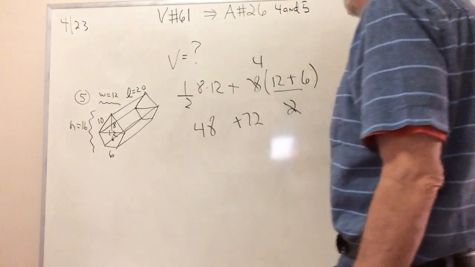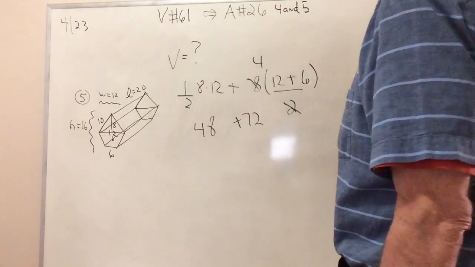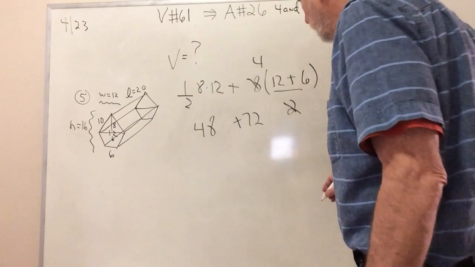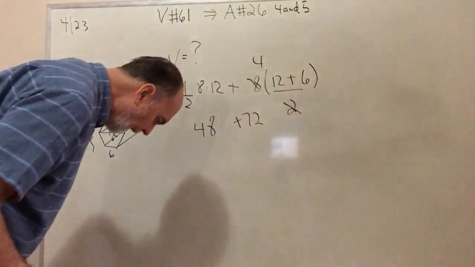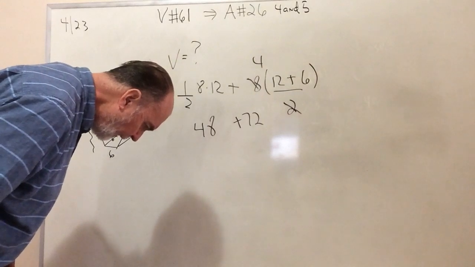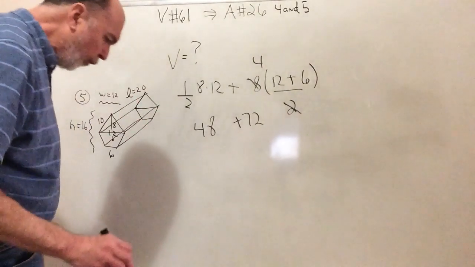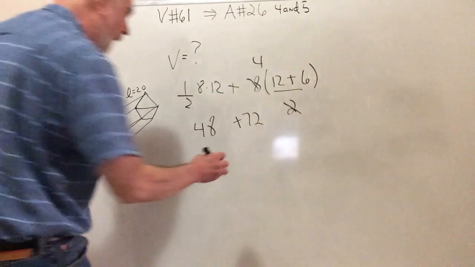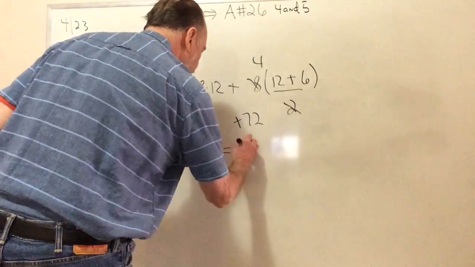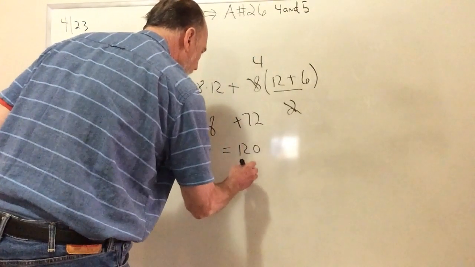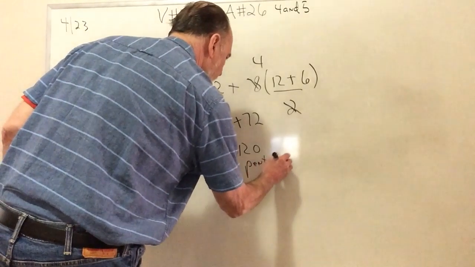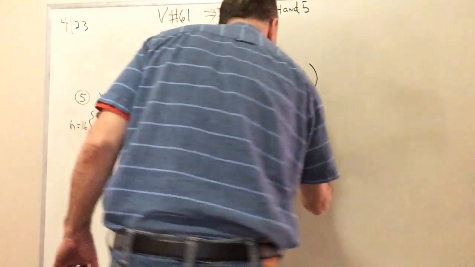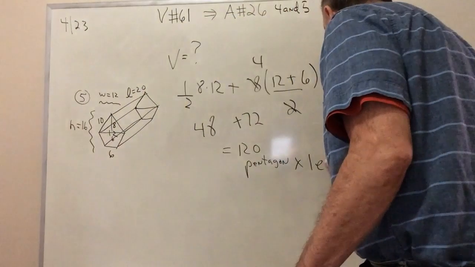Okay, so the surface area of the face of the pentagon is 48 plus 72. Should have that written down there so I don't waste your time. I come up with 120 there. Yeah, that makes sense. Equals 120. So then it's the area of the pentagon times the length.